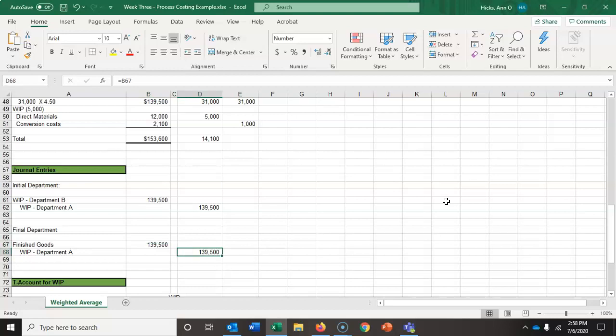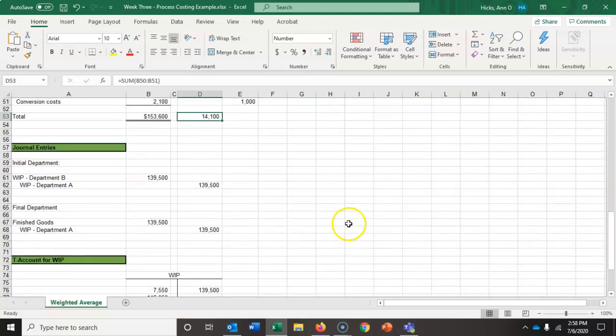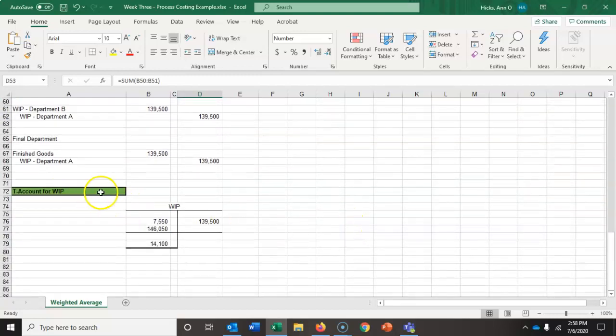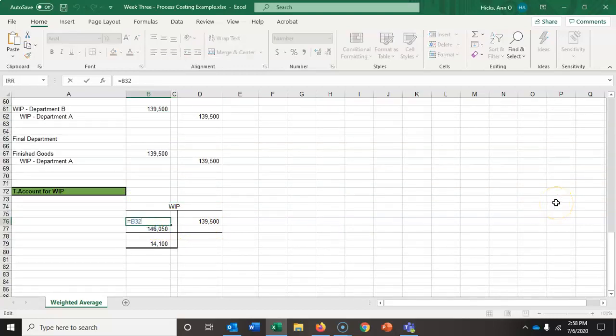Now, one last comment before we leave this example. What do we do with the work in process, that 14,100? We don't actually have to do anything with it because it will fall out naturally. Let's look at a T account for work in process. You can see the debit to work in process for the beginning balance. This was carried forward from the previous accounting period.